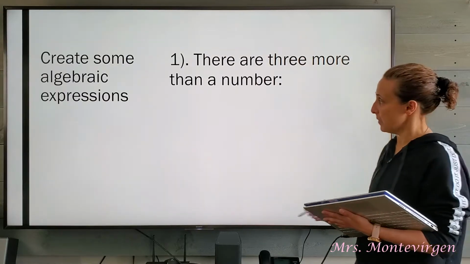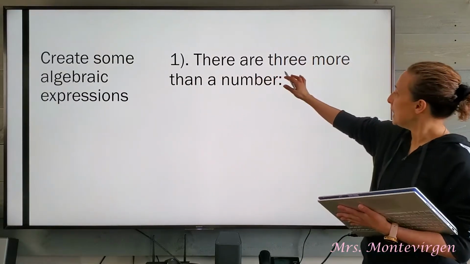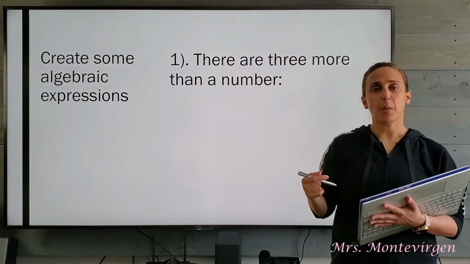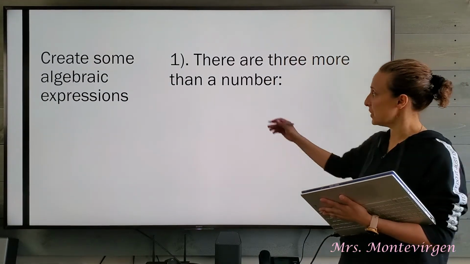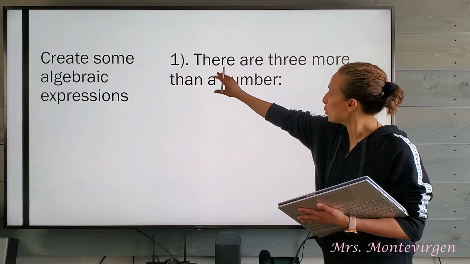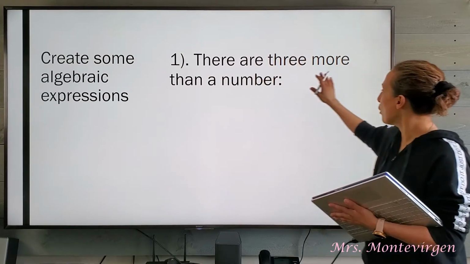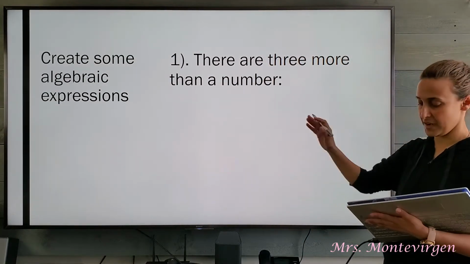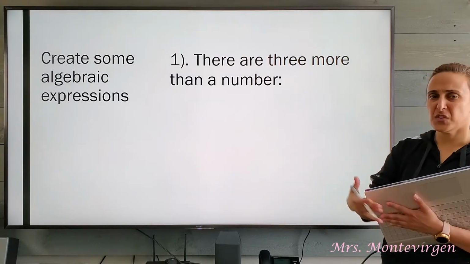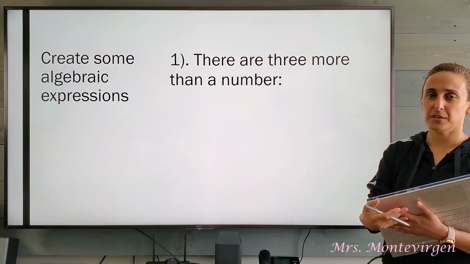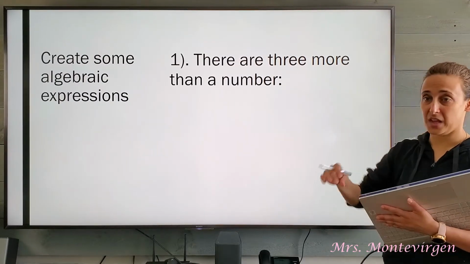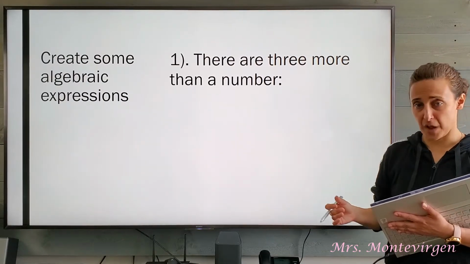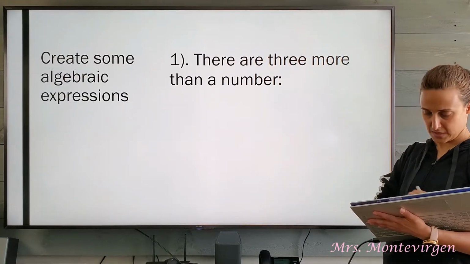So let's get started. Example number 1, I want you, now see if you can come up with how to write these statements before I even give you the answers. So number 1, we're going to have here, there are 3 more than a number. So again, when you start along with these scenarios, try to think of what operation this question is asking, and how you are going to use those variables in those sentences.